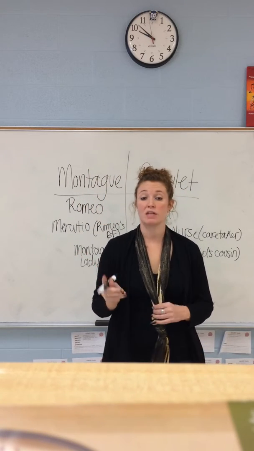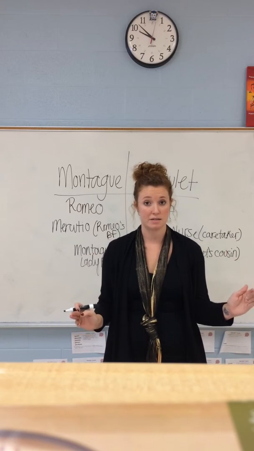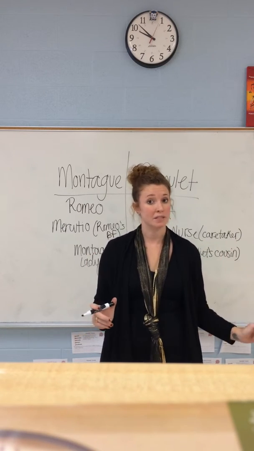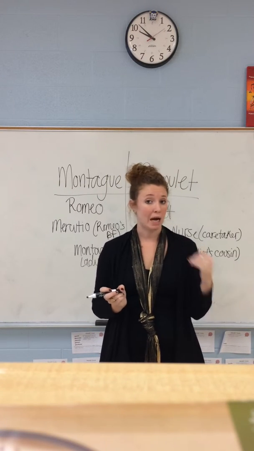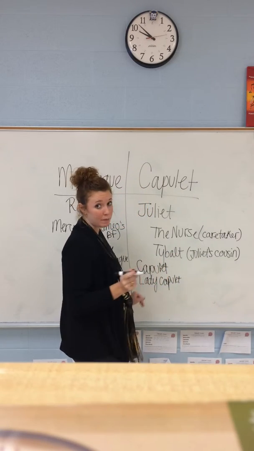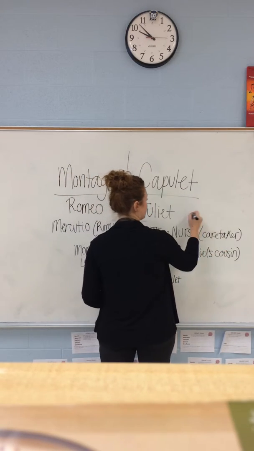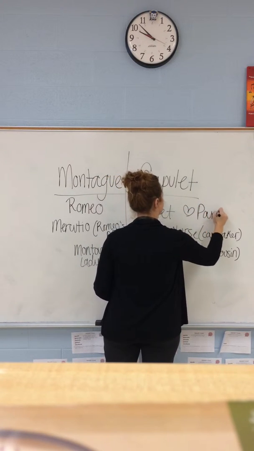Okay, the next person that we have on the list is Paris. Now, here's a twist. Paris comes into this play wanting to marry Juliet. So even though the play is called Romeo and Juliet, Paris comes in wanting to marry her. So Paris is going to go on the Capulet side because he wants to marry Juliet. Paris hearts Juliet.